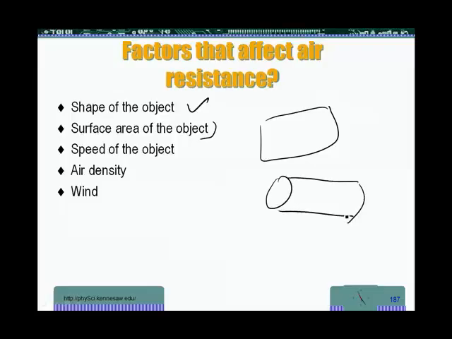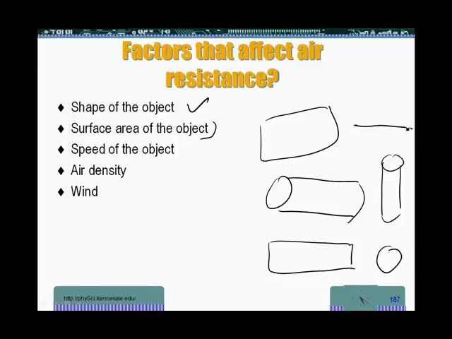If I drop it like this, straight down, then the surface area is a rectangle. If I drop it like this, the surface area is a circle, a disk. That gives you an idea of what we are talking about, surface area. The sheet of paper's surface area can be like this, or it can be almost a straight line like that, almost nothing.